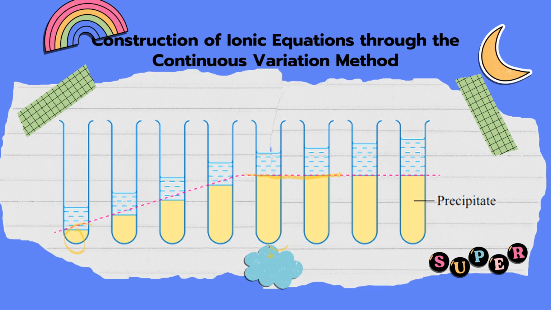Next, you calculate the number of moles for both reagents in this test tube 5. Why? Because the height of the precipitate starts to be constant from this test tube, meaning in this test tube the reaction is complete. The ratio of both reagents is the right ratio.